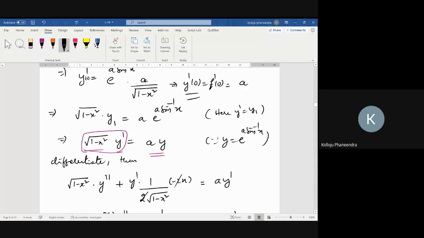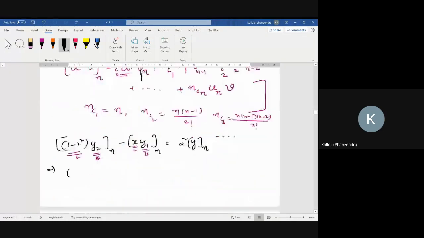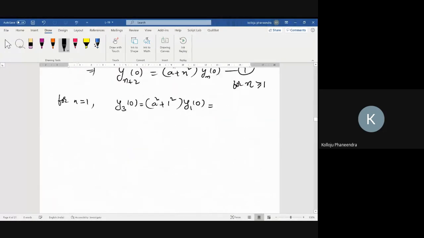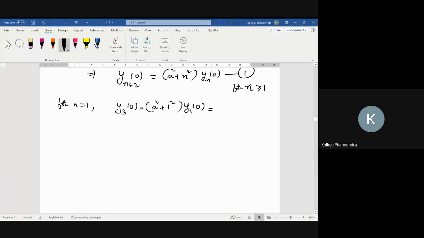y1(0) = y'(0) = a. So this is a into a square plus 1 square, in bracket, since y1(0) = y'(0) = a. First one is over.